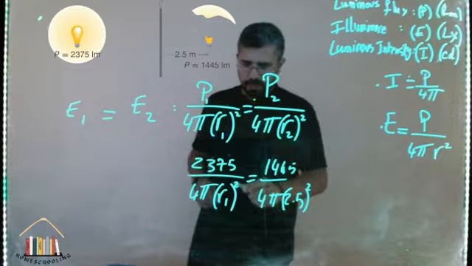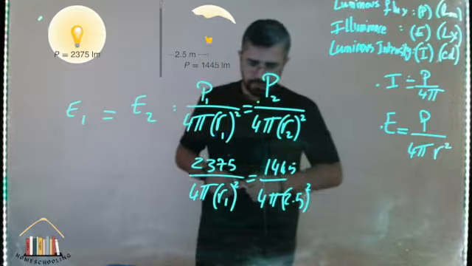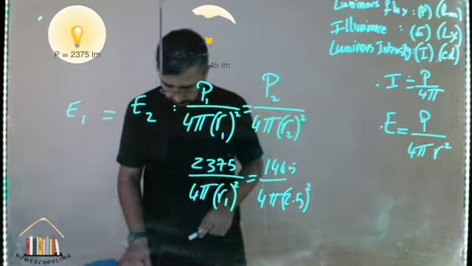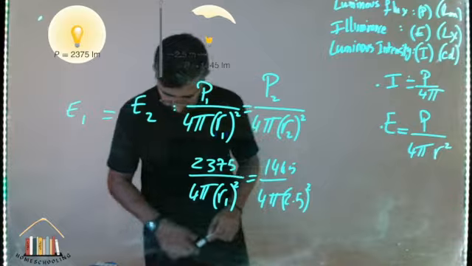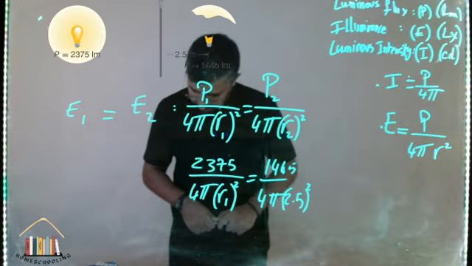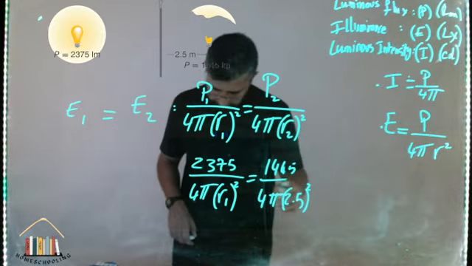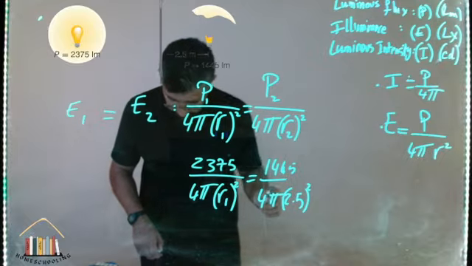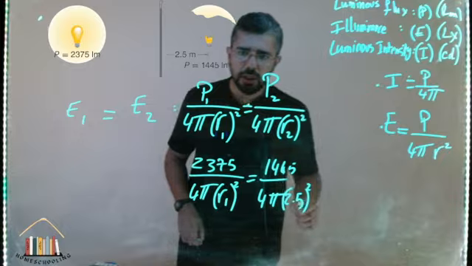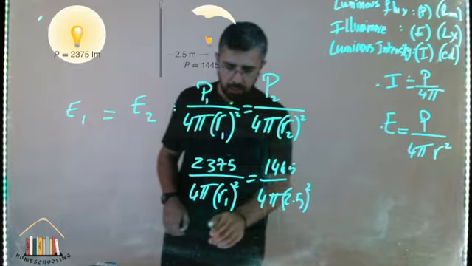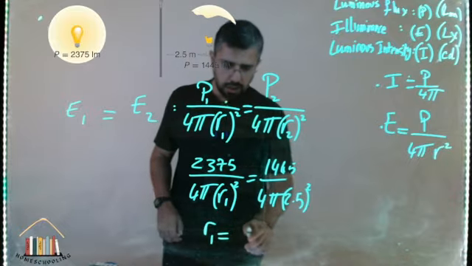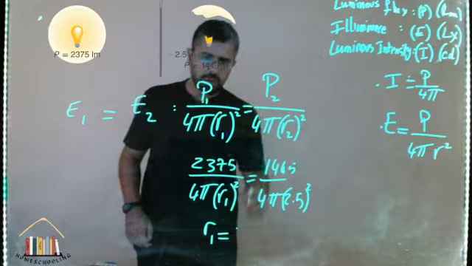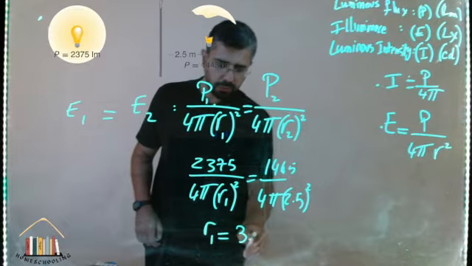So here you can do the shift solve and simplify, cancelling 4 pi on both sides, and you get that x, or r1, after of course doing the square root as well, is equal to 3.2 meters.